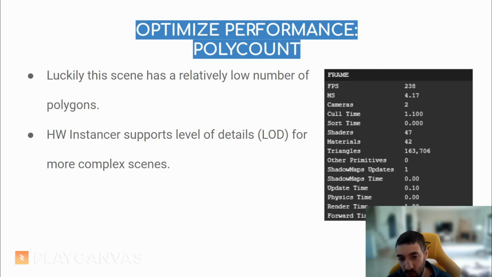For example, LOD1 may have half the polygons. LOD2 only a few hundred of these polygons. And then in a game engine, we select the right variation of this model based on its distance from the camera.